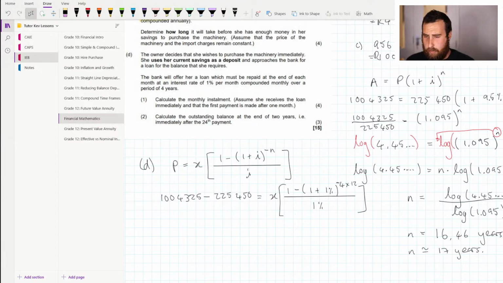So that value is 37.97, a whole lot of other values.